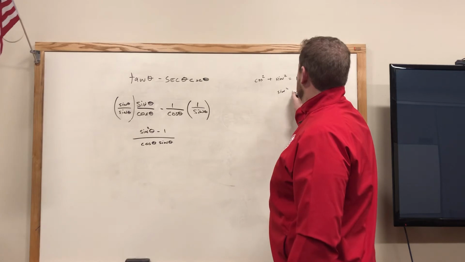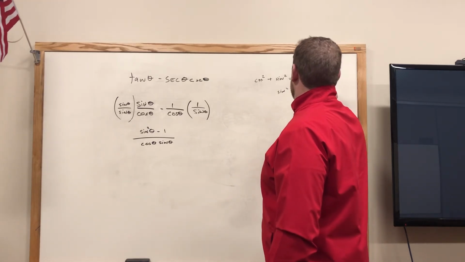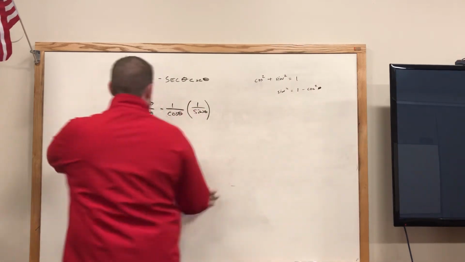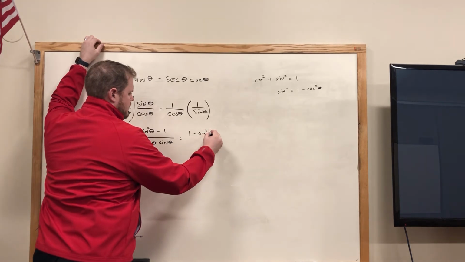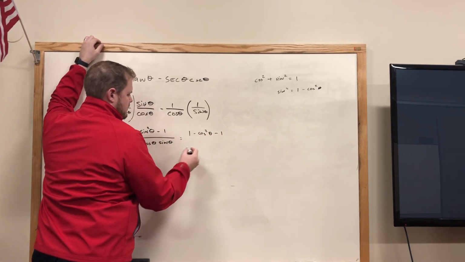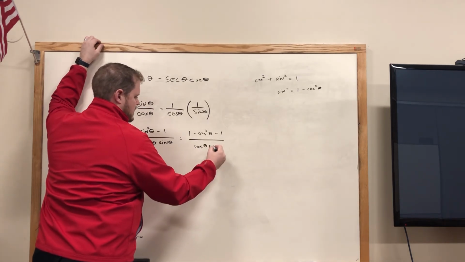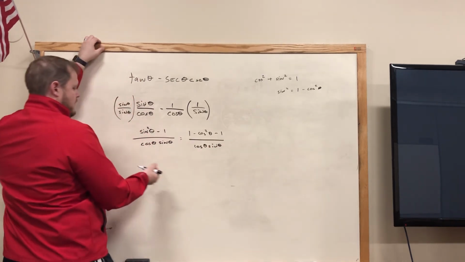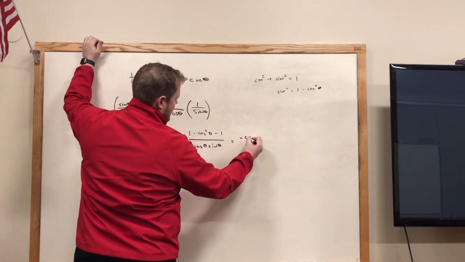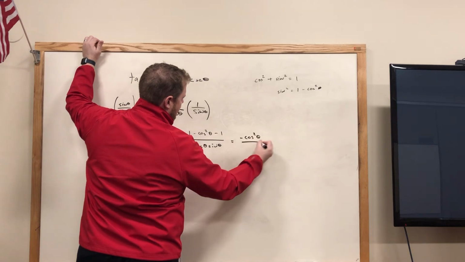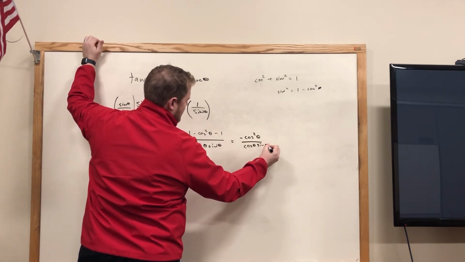Sine squared equals 1 minus cosine squared theta, right? So if I plug that in, I get 1 minus cosine squared theta minus 1, all over cosine theta sine theta. Now, 1 minus 1 is 0, so negative cosine squared theta over cosine theta sine theta.